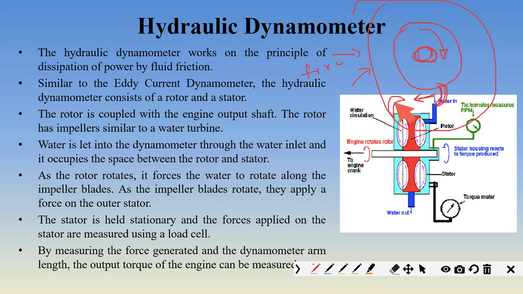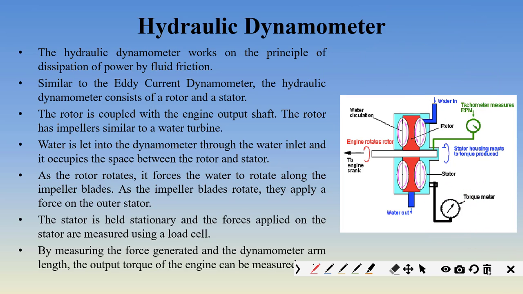This impeller is stationary, right? So whenever water hits this impeller, there will be some amount of force acting on this impeller because of this water hitting it. That force can be measured using your load cell.